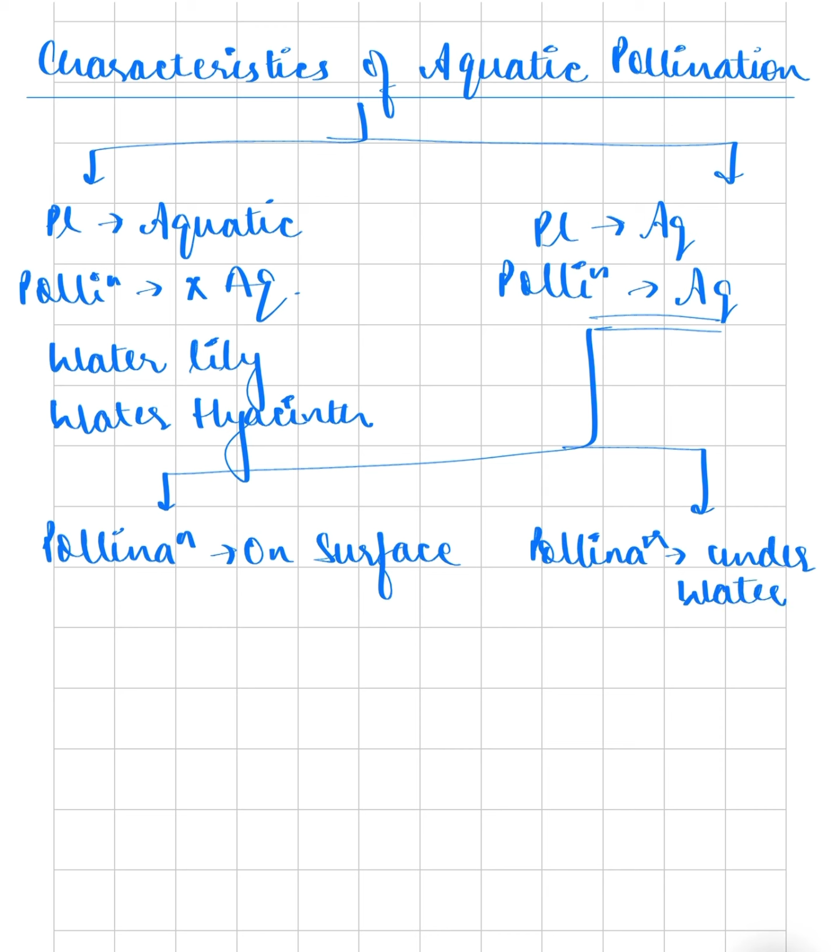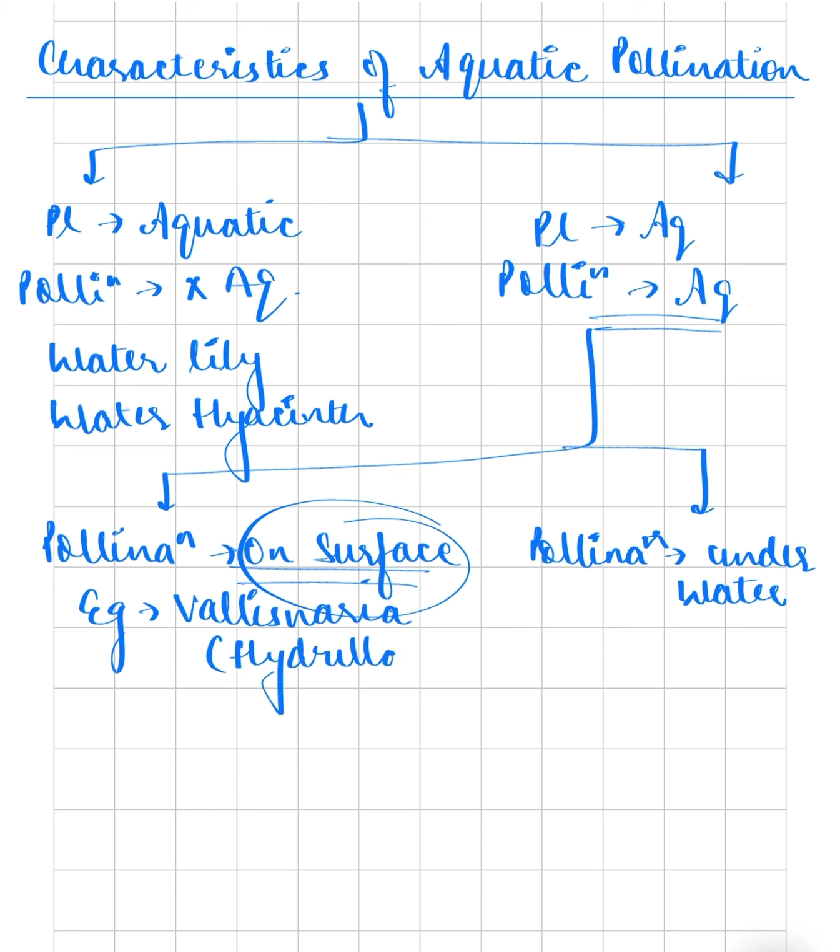In the pollination which occurs on the surface, here the example is Vallisneria, which is also known as hydrilla. Here the male flower pollens float on the surface and fall on the female flower which has a long stalk.